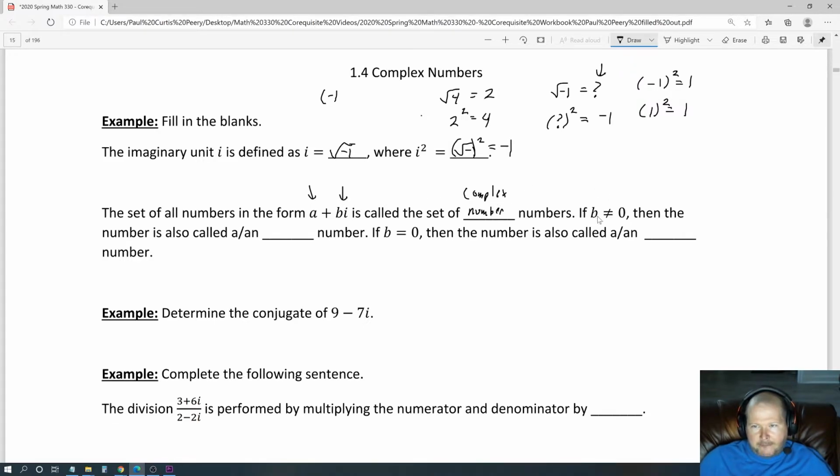So if they're saying b is not equal to 0, that means you actually still have that imaginary component right there, and we call this imaginary. And if the b is 0, the coefficient, that means there's not an imaginary component. And if there's not an imaginary component, then you end up with a real number.